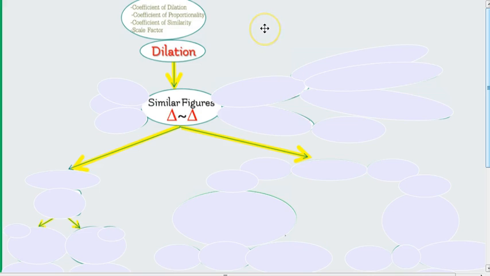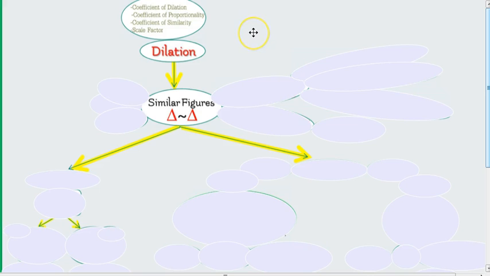So when we are talking about coefficient of dilation, it is the same as the coefficient of proportionality in our similar triangles questions. It is the same as coefficient of similarity. And it is the same as a scale factor that you might be familiar with from middle school.